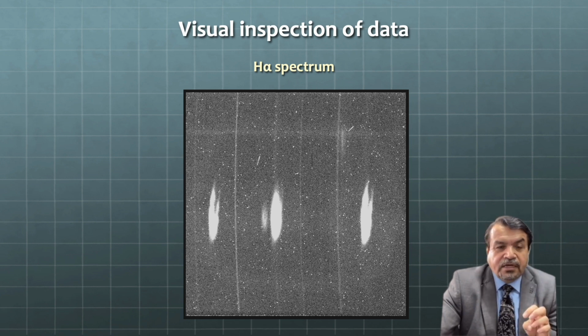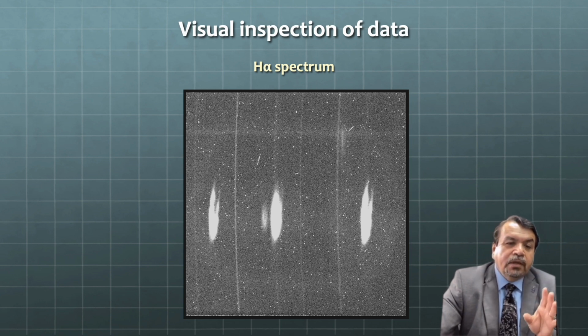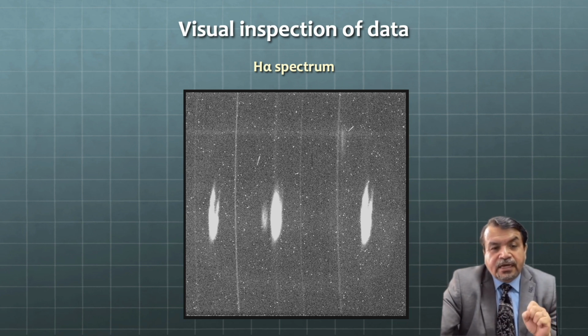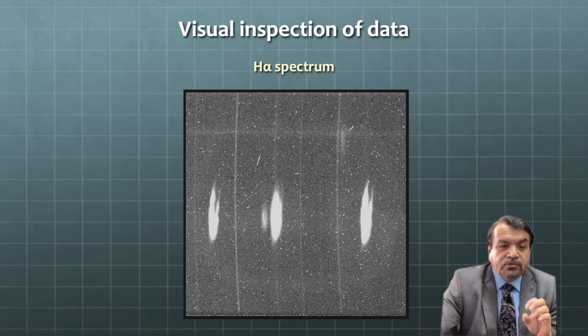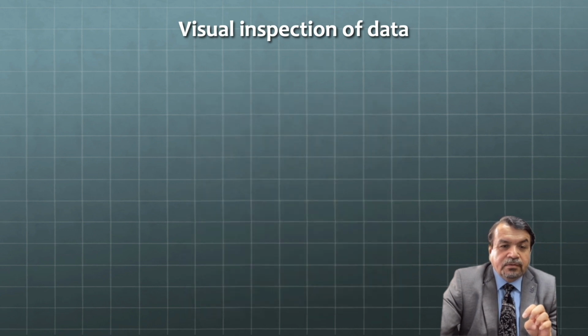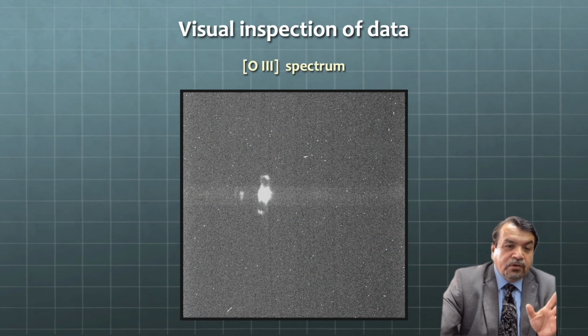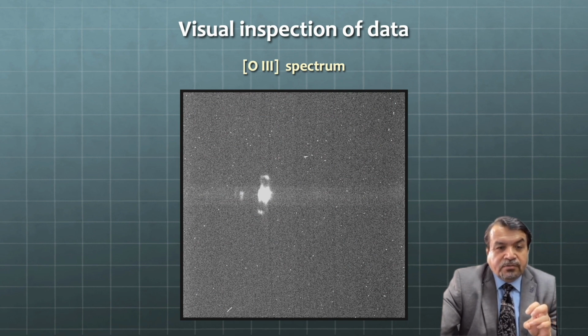See how, next to the H-alpha line, we have a fainter line, located in the most intense part, and that is the helium 6560 line. Then it is like a high-excitation spectrum. Here we have oxygen 3, and you can see that there is also a small emission next to oxygen 3. This also seems to be a helium line. And well, there we also have a rather energetic object.